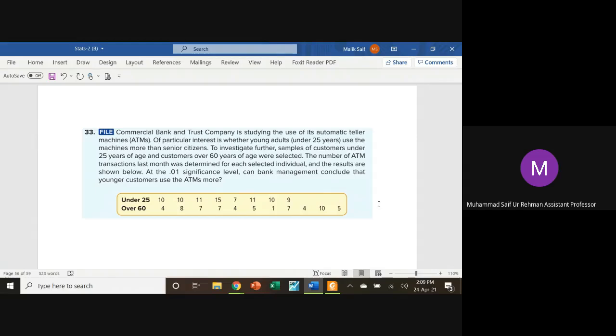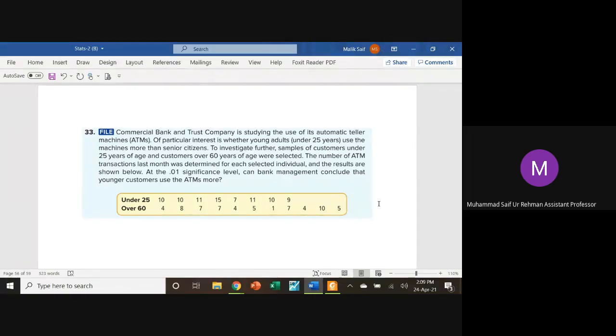And then there are two more cases. One case is that in which we assume that unknown population standard deviations are equal. And the second scenario was that the unknown population standard deviations are unequal also. So they are unknown and unequal.